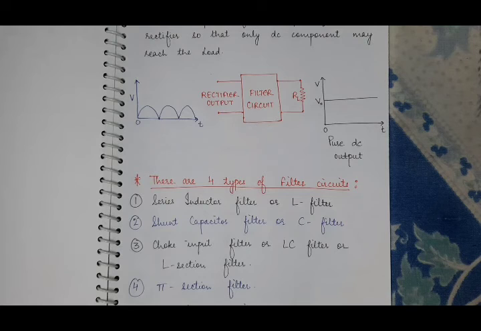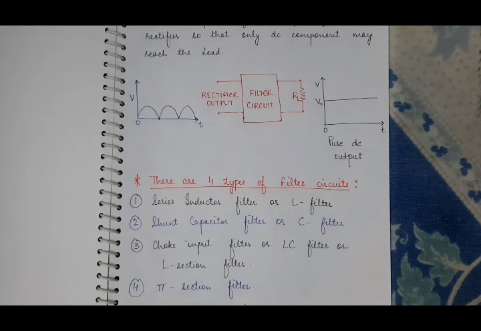The third one is the choke input filter. Here both L and C are connected, so it is also known as the LC filter. The fourth one is where one LC filter and one C filter are connected, and the shape is like that of pi. That's why it is known as the pi section filter.